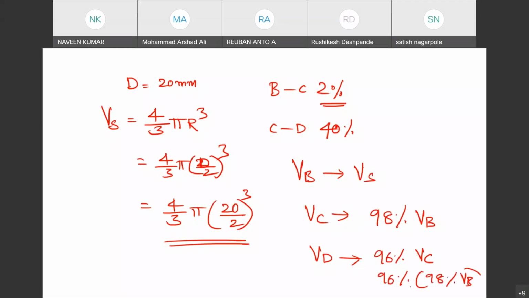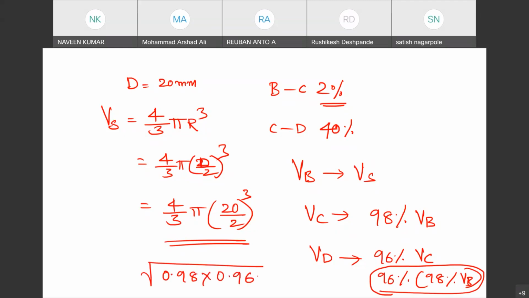If you do this calculation, you will get answer as B. So it will be something like under root 0.98 into 0.96 into volume of sphere. And of course you have to do cube root, and this will be your diameter by 2.